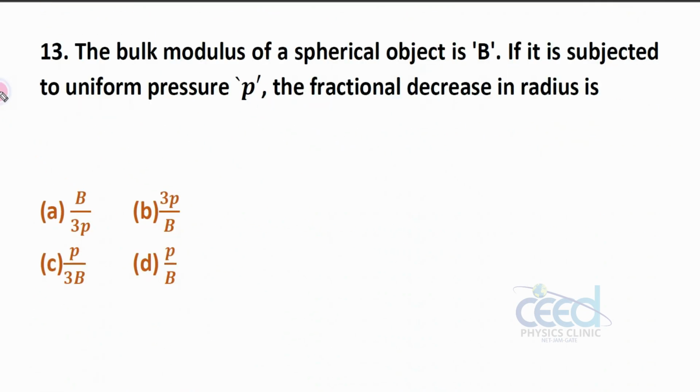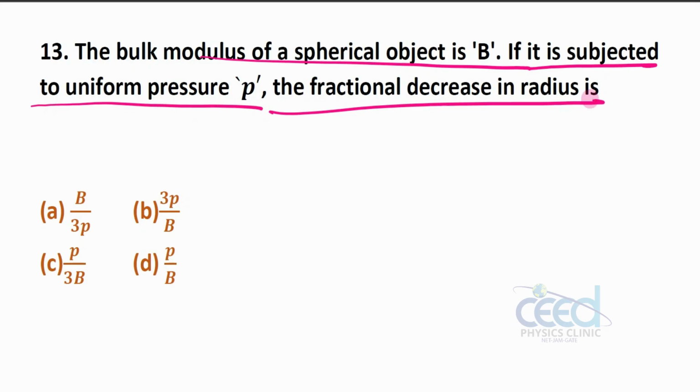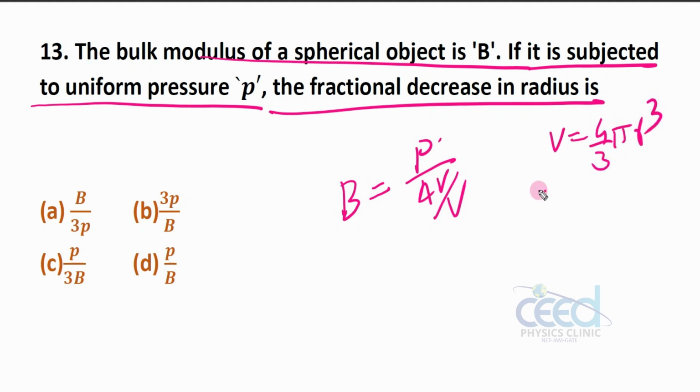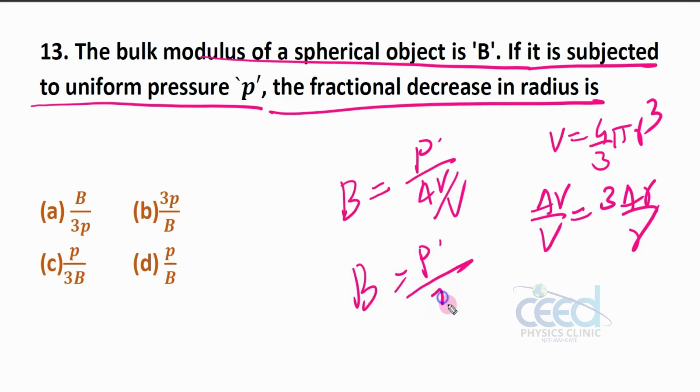The bulk modulus of a spherical object is B. If it is subjected to uniform pressure P, then find the fractional decrease in its radius. So the bulk modulus of a spherical object, see, bulk modulus we know is P divided by delta V by V. Now the volume of a spherical object is 4 by 3 pi r cube, then delta V by V is equal to 3 delta R by R. Substitute that here: B is equal to P divided by 3 delta R by R, then delta R by R is equal to P by 3B.